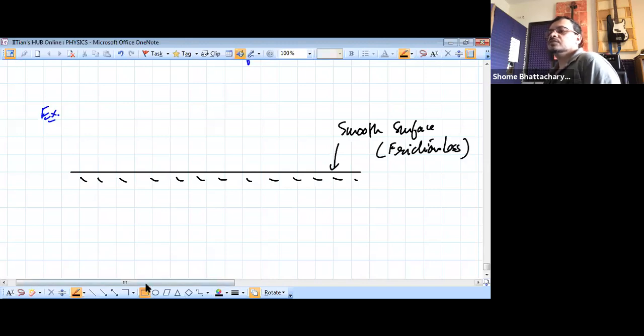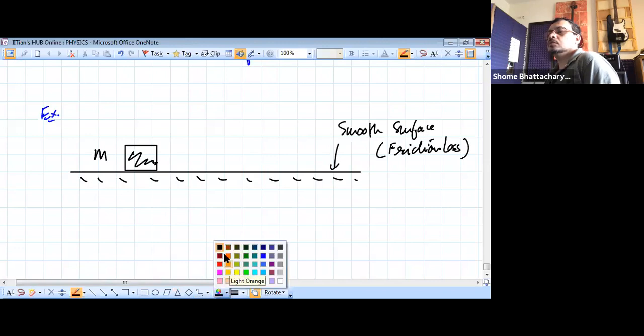Now on this surface, we have a body, like a block, which is in a state of motion, moving with a velocity v vector.